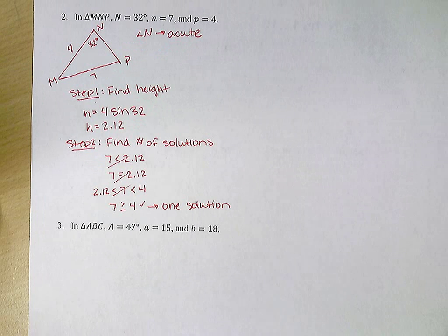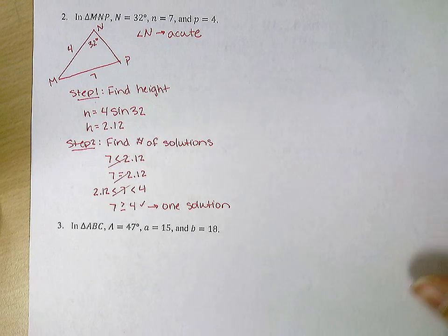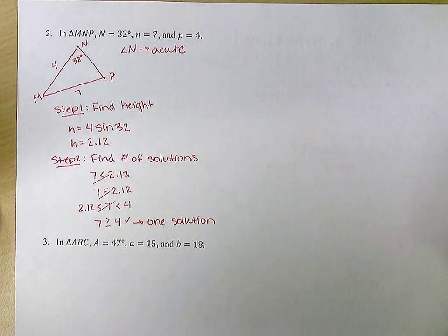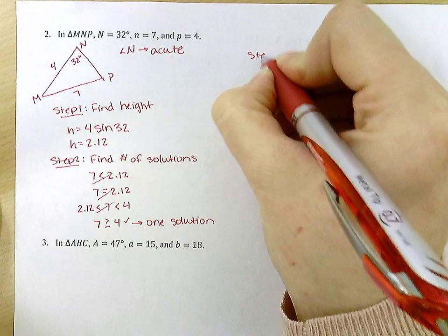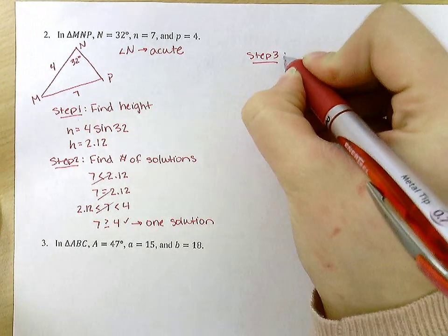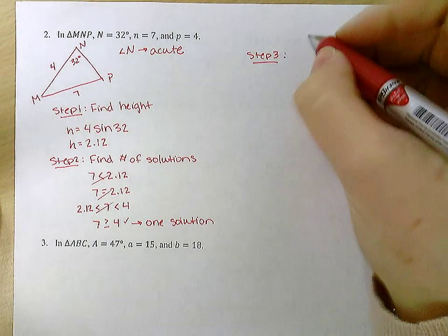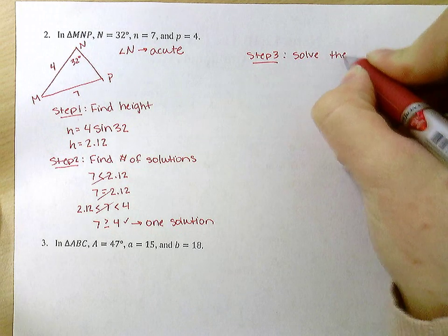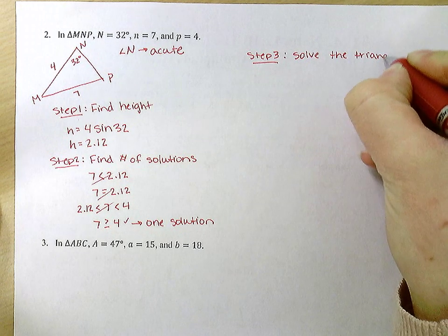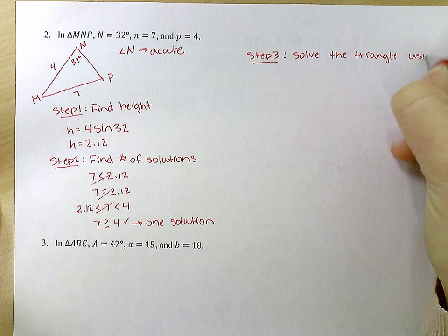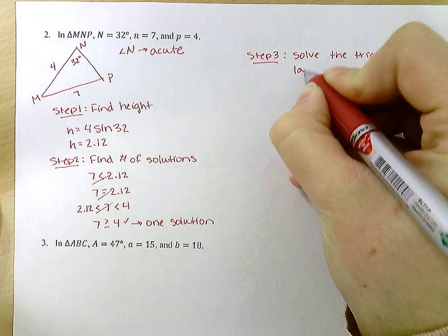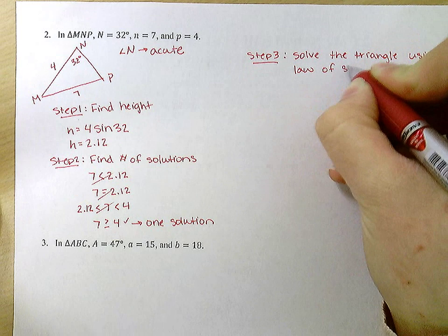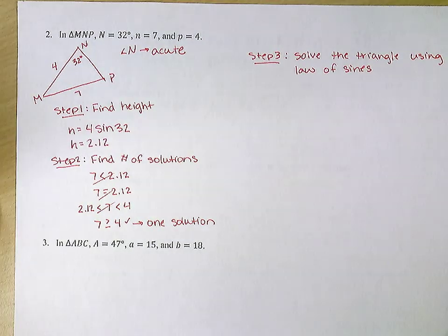Okay, so since we have one solution, to solve our triangle then, that's our step 3. Solve the triangle using the law of sines. So we're just going to use law of sines like we did yesterday.